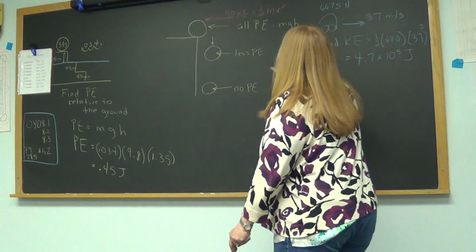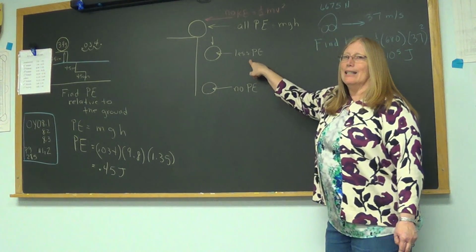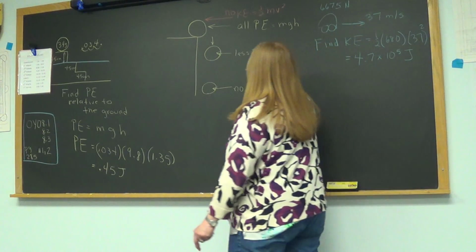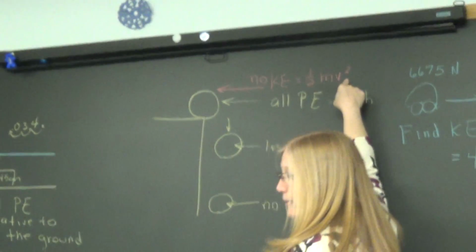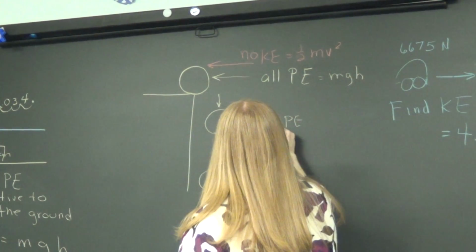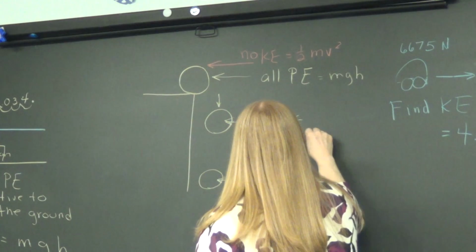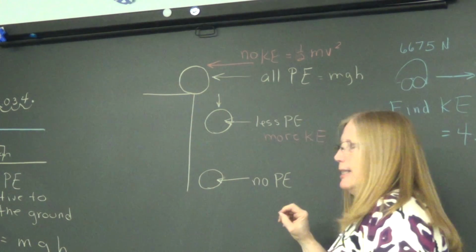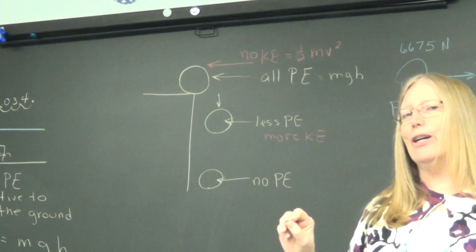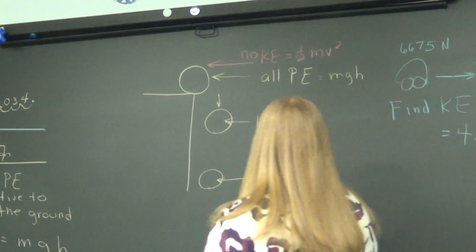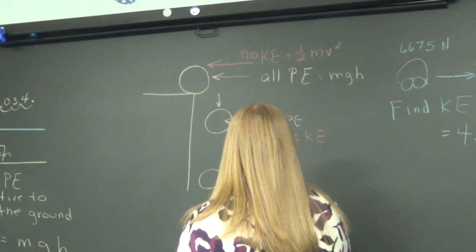So what do you think is going to happen to KE when it gets here? All right, it's more because the velocity has increased. So we have less PE, but more KE. And at the bottom, just an instant before it hits, it's no PE and it's all KE.